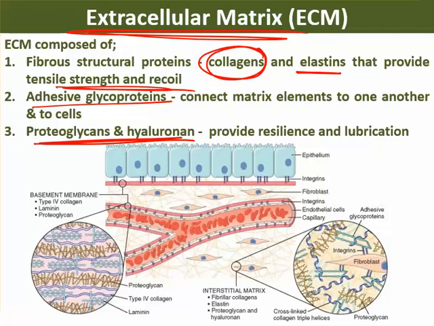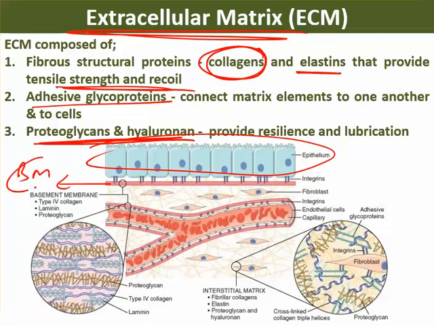See, remember, this is epithelium. The epithelium sits on the basement membrane. Below the basement membrane, we have connective tissue. This is produced by the fibroblast.